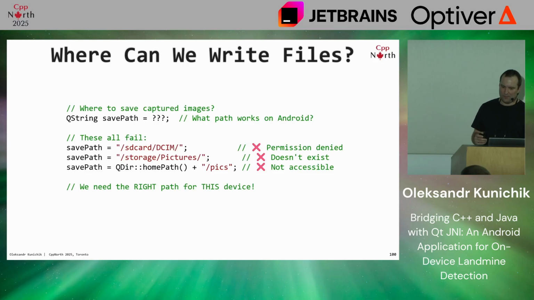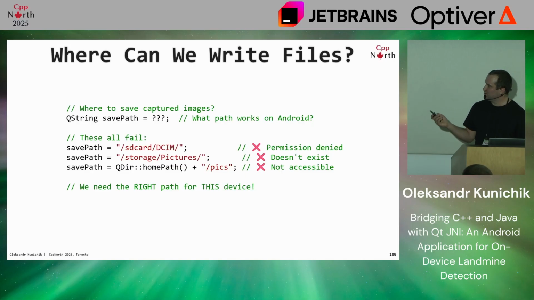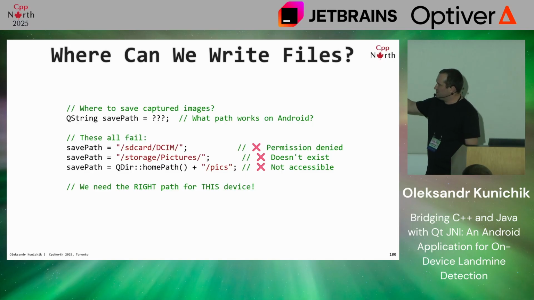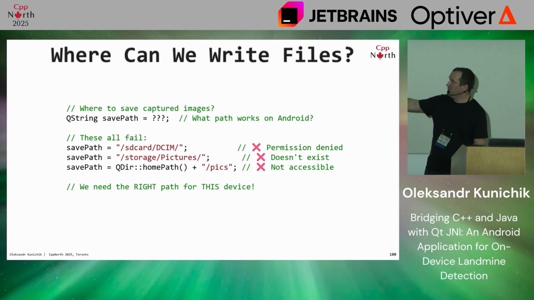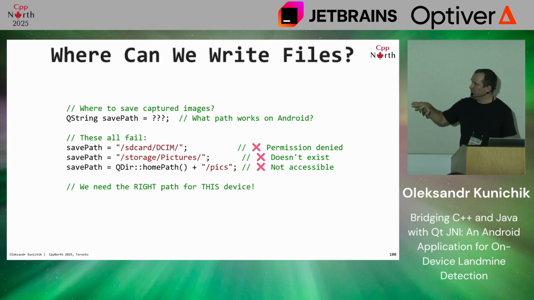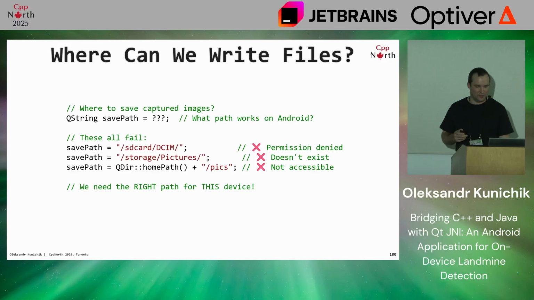Okay, one more Android headache. Where can you write files? Try a standard path. You can guess, like this one, maybe another one, because Qt gives some convenient functions for getting the path, but they usually don't work, because each device has its own specifics, and there are many workarounds.